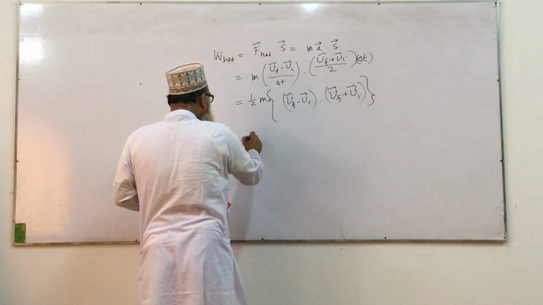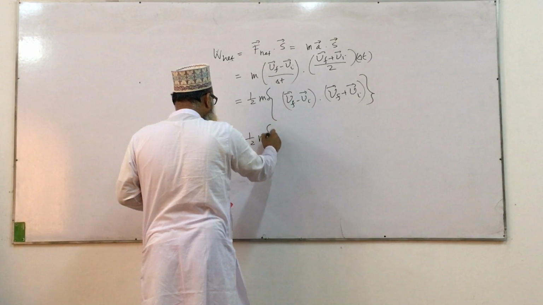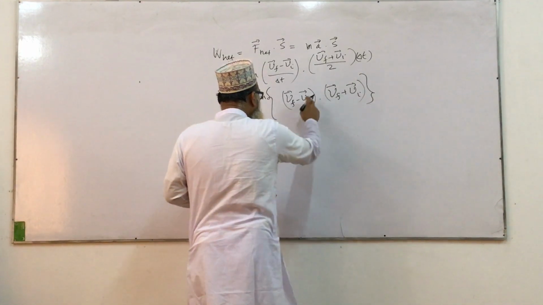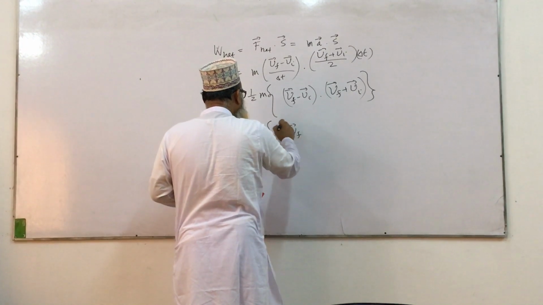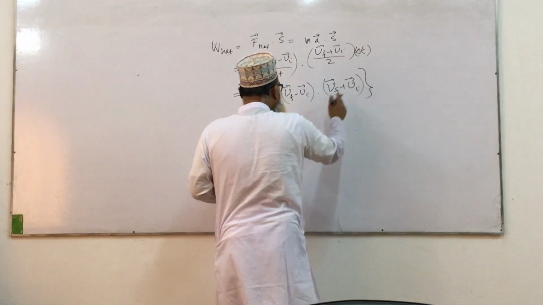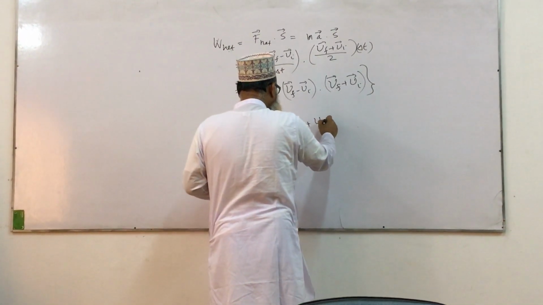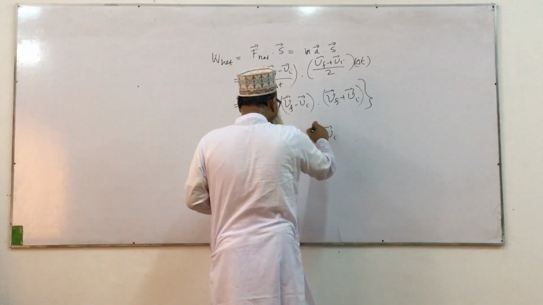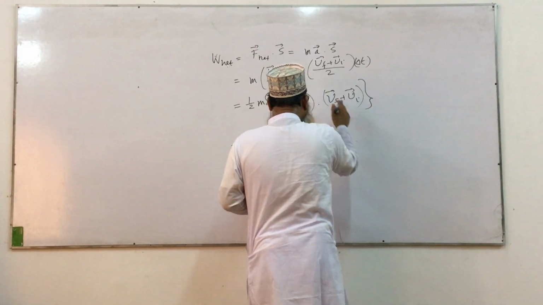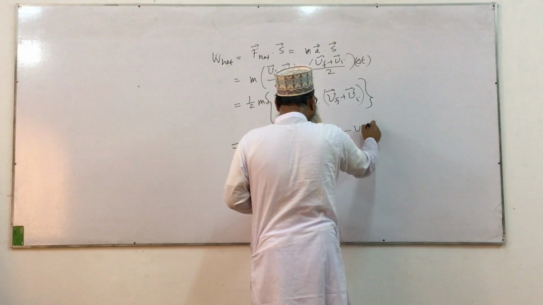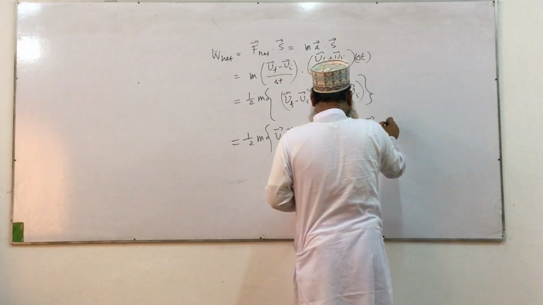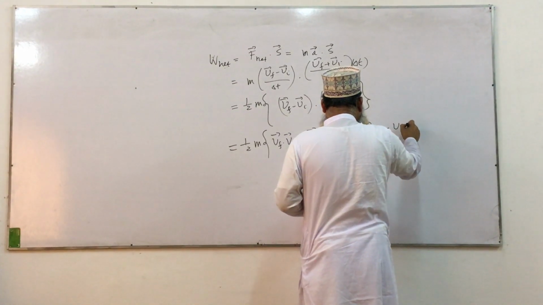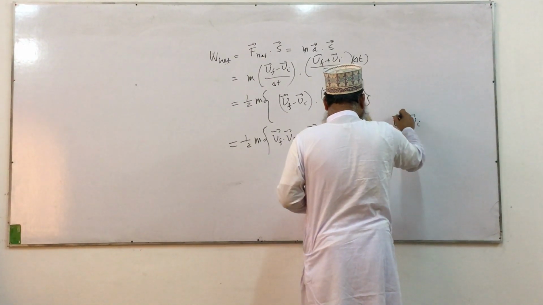Now do this dot product. Vf dot product gives you Vf dot Vf. Vi gives you Vf dot Vi. This and this give you minus Vi dot Vf, and this and this give you minus Vi dot Vi.